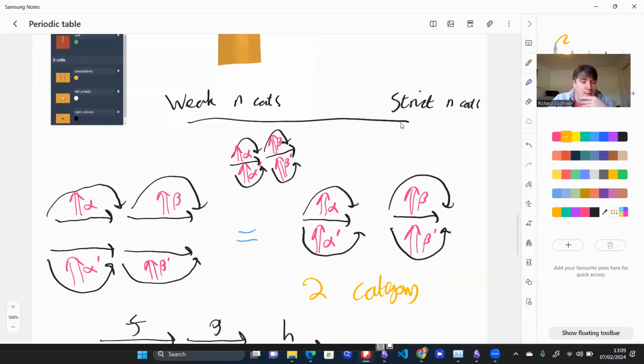So I have a video on enriched category theory, and the idea, very, very roughly, is that in an ordinary category, you'll have a set of arrows from A to B. But in enriched category theory, you might have something more general than a set of arrows from A to B. Instead of a set, it could be some object in some more general monoidal category. In particular, we might have something like this.